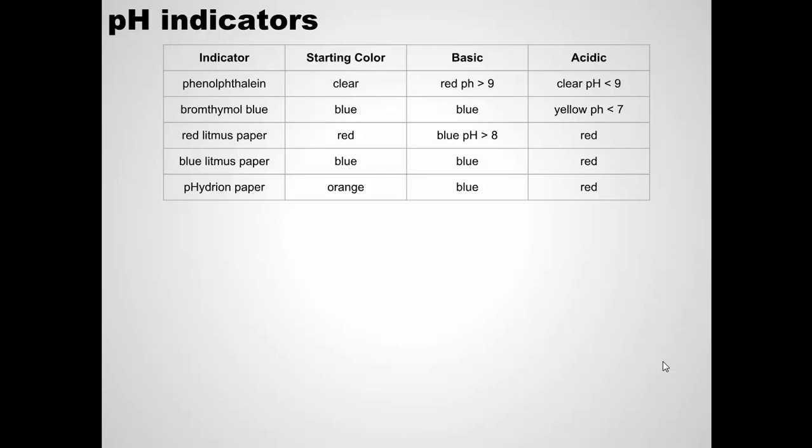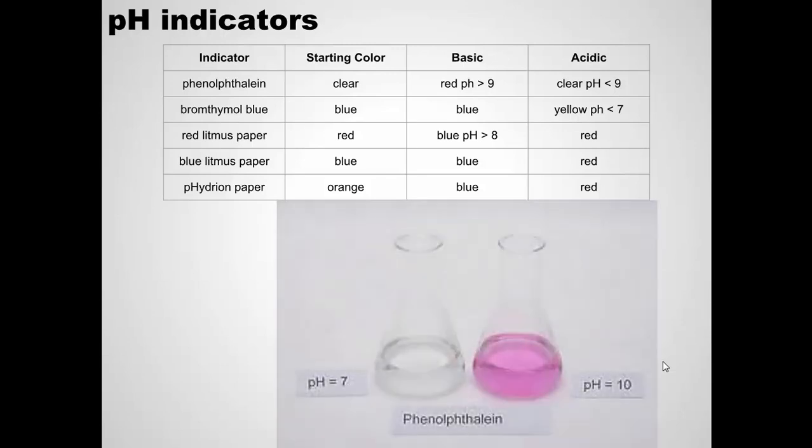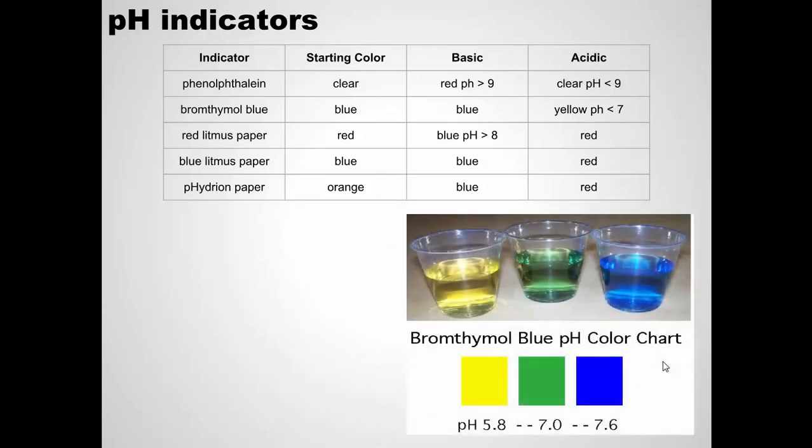Magic. Whoa. I missed it. So this is an indicator. Another indicator is bromothymol blue. This is also a pH indicator. It changes color in the neutral range.